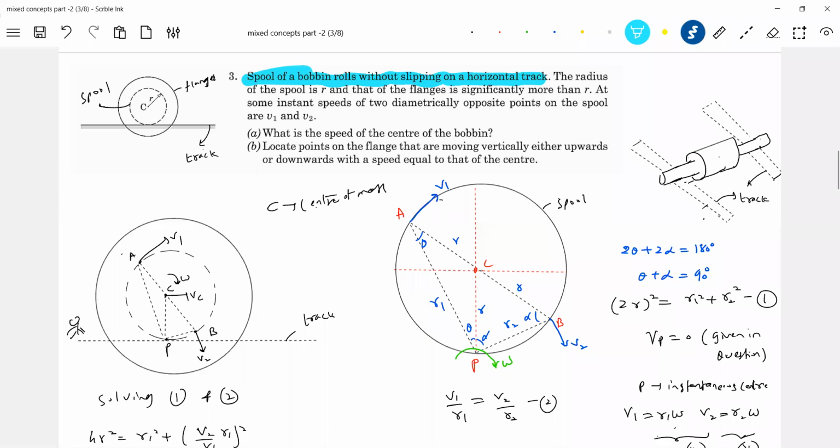The velocity of those points should be equal to the velocity of the center of mass. So definitely I think you should locate the distance. Now, where can they be?